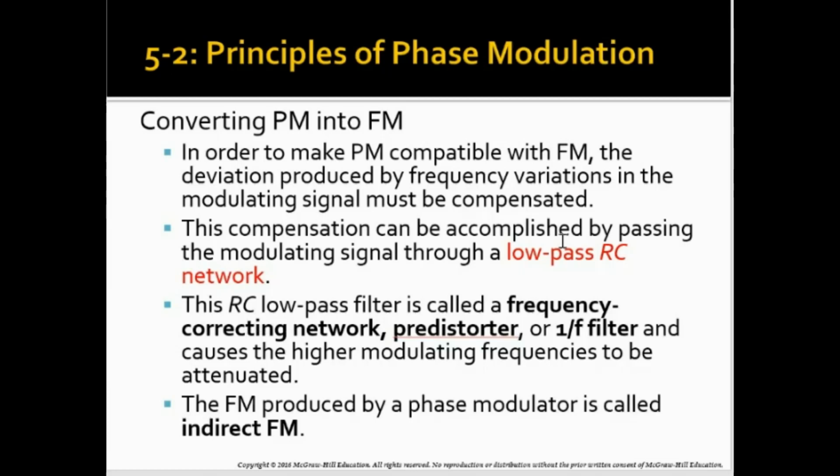This low-pass filter is called a frequency correcting network, or pre-distorter, or 1/f filter, and it causes the higher modulating frequencies to be attenuated. The FM produced by a phase modulator is called indirect FM.